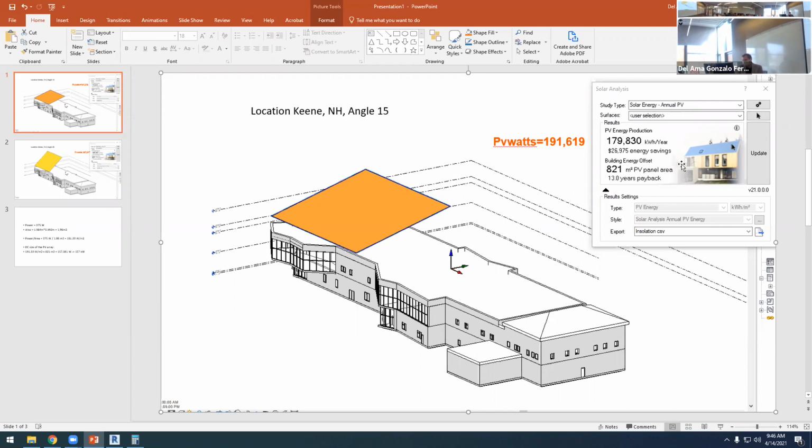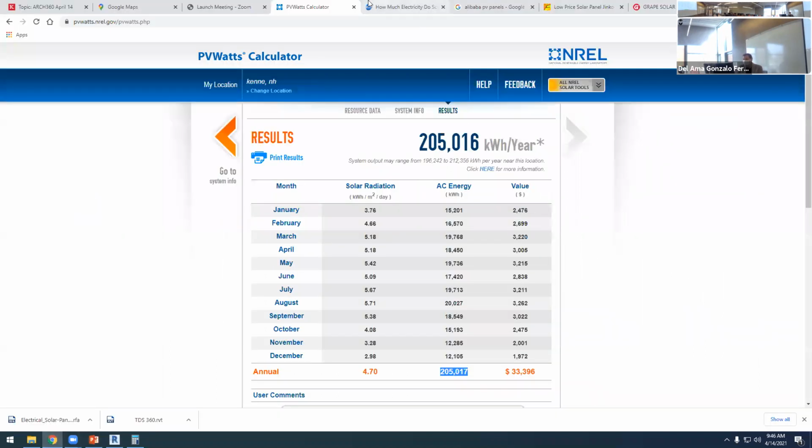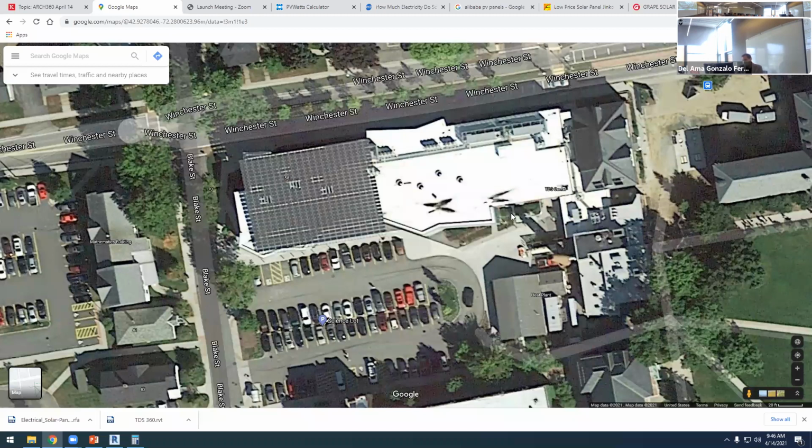Okay, what can be the reason? Well, I know the reason because if you look at the Google Maps, this is not south, you see? It's not perfectly south, so the angle won't be 180.